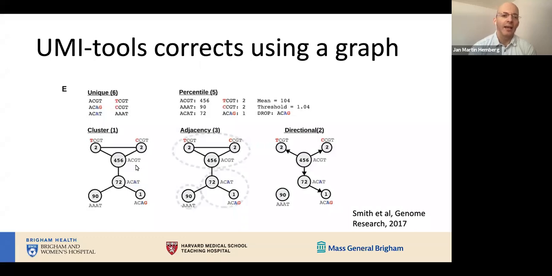So here is a fairly common situation, which is when you have one node which has a very high number of counts. That's presumed to be the originating UMI, and then you'll have that surrounded by nodes with much smaller counts, and that is likely to have been caused by an error at some point during the amplification process, and hence you have fewer reads mapping to those UMIs.